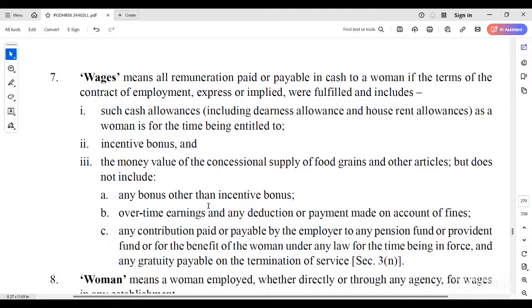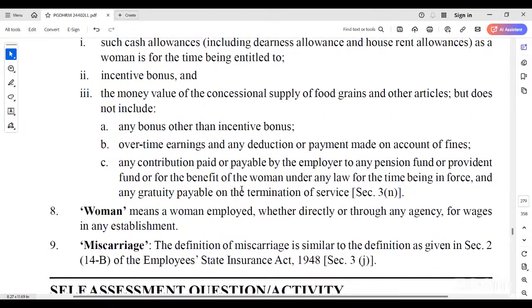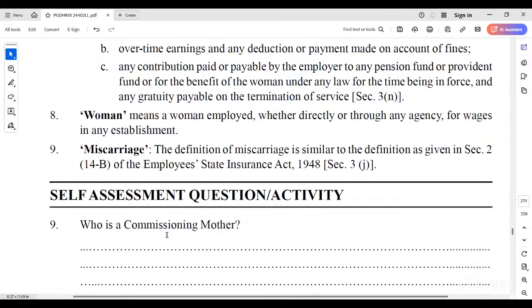But it does not include any bonus other than incentive bonus. Overtime earnings are also not included, and any deductions or payments made on account of fines are also not included in wages. Woman means a person employed, whether directly or through any agency, for wages in an establishment.